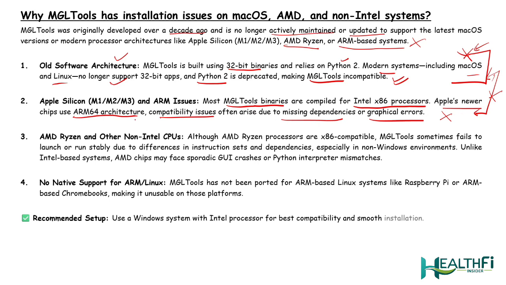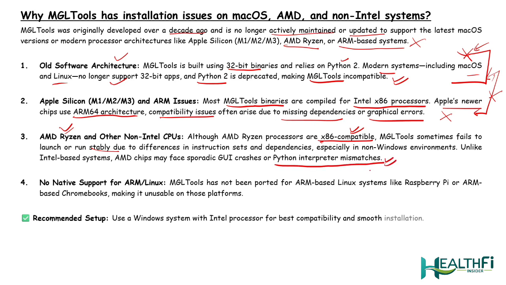Even though Ryzen-based processors are x86 compatible, you still have problems. Many times it's not stable when you launch it and it crashes, because the Python interpreters are not compatible.